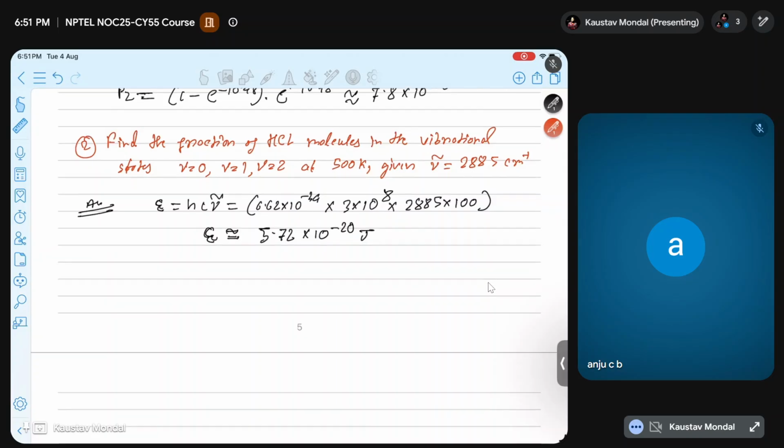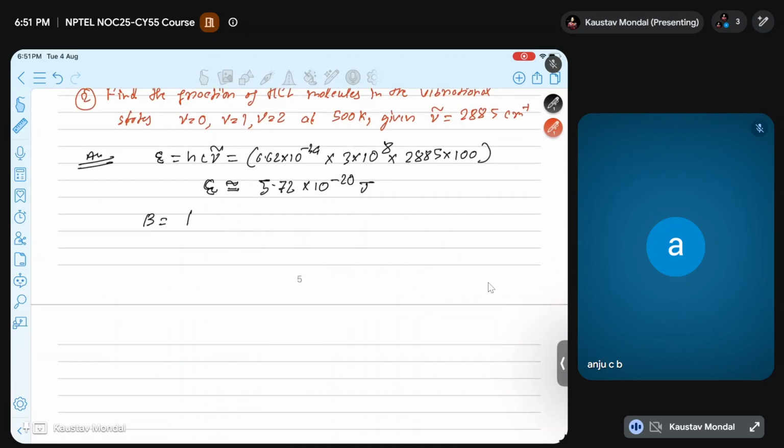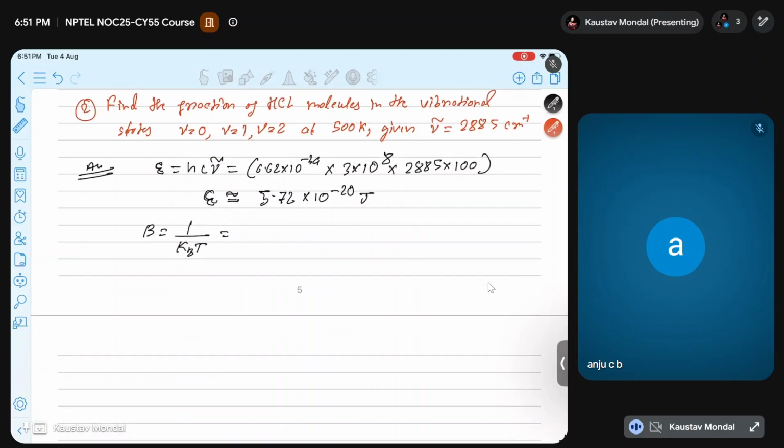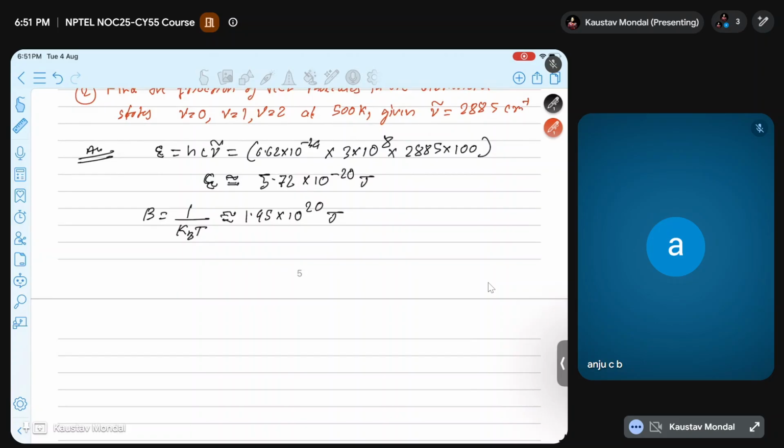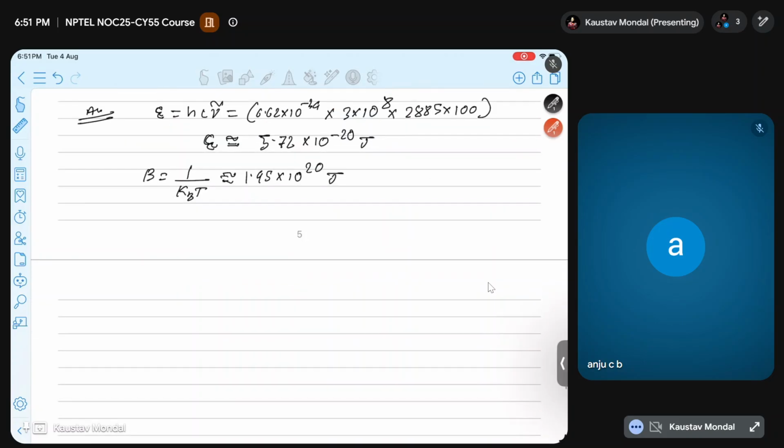Next is beta, 1 by kBT. T is 500 Kelvin, and kB we know is 1.38 into 10 to the power minus 23. If you do the calculation, you'll get beta E as roughly 1.45 into 10 to the power 20 per joule. Now the next thing is to calculate Q, the total partition function. Since it is also an energy ladder, you'll just use the form that you have derived.